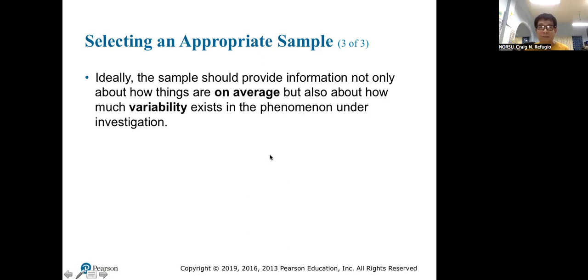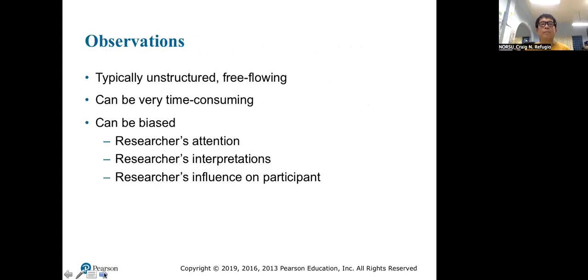So observations are typically unstructured, free-flowing. That's the nature of conducting an observation. They can be very time-consuming. Yeah, that's true. They can be biased: researchers' attention, researchers' interpretation, researchers' influence on participants.